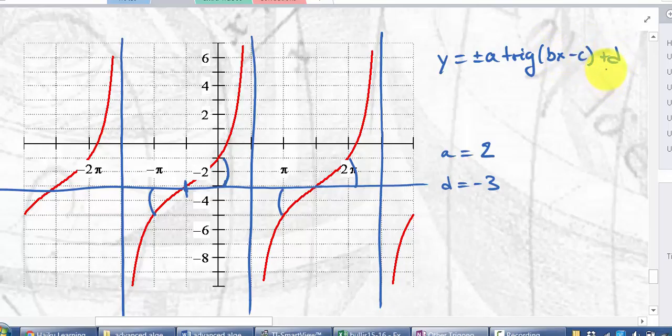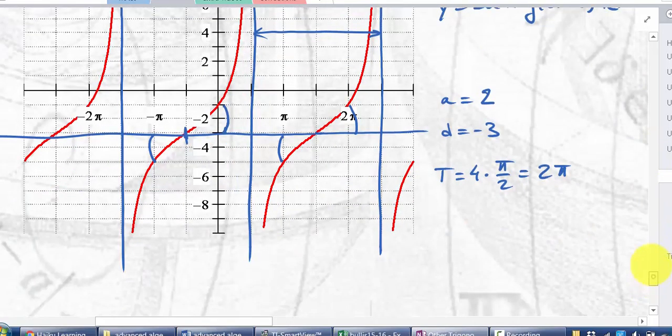Okay. All right. Let's get a period. A period is this right here. So 4 tick marks, and 1 tick mark is pi over 2, right? So T equals 4 tick marks, and 1 tick mark is pi over 2. Yep. So 4 times pi over 2 is 2 pi. Okay, that's a period equal to 2 pi. So what is b?